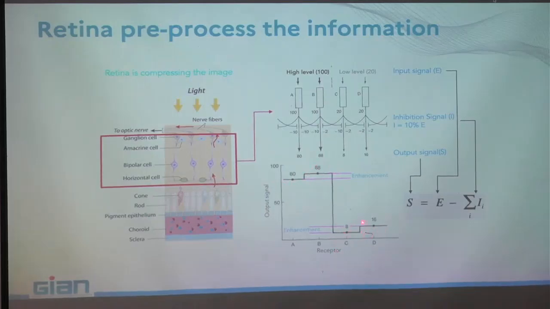Here you see 8 and 10, or 16, 16. That means you amplify the difference between the bright and the dark area. And this is very important because it allows you to see the contours.